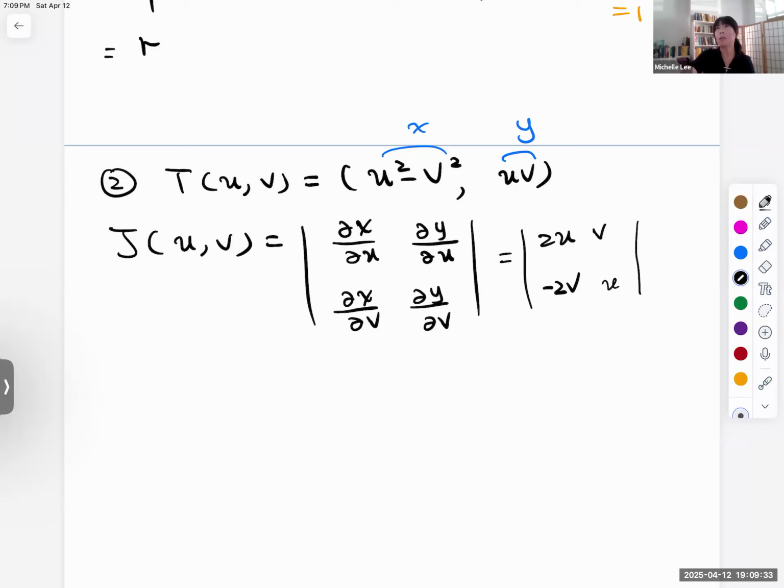Now, the 2 by 2 determinant. So we will have 2u squared plus 2v squared, right? All right. Is it good?